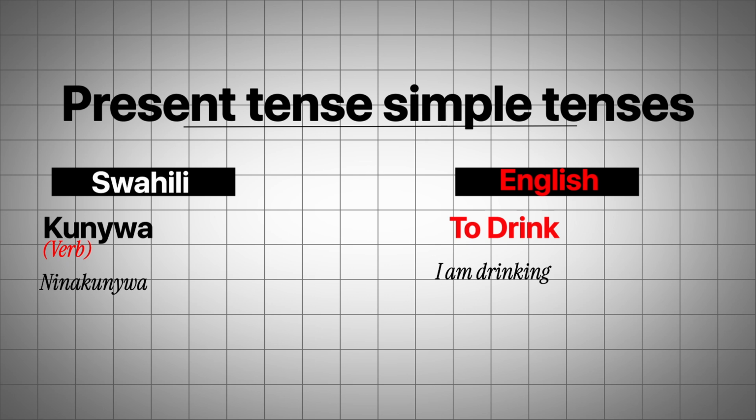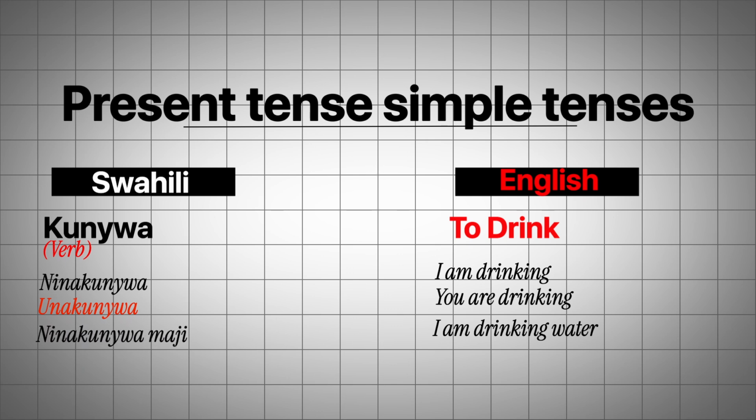Now to say you are drinking, you can say unakunywa. Repeat after me. Unakunywa. Wonderful. Now to say I am drinking water, you can say ninakunywa maji. Repeat after me. Ninakunywa maji.